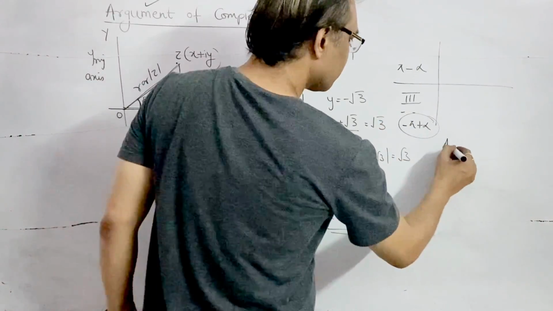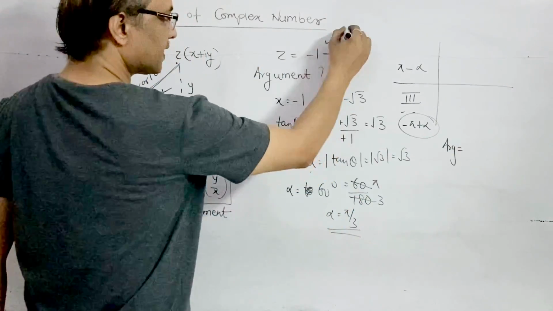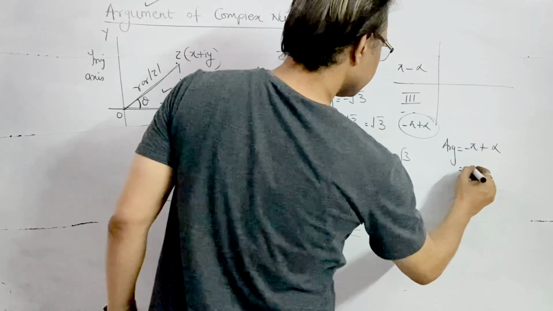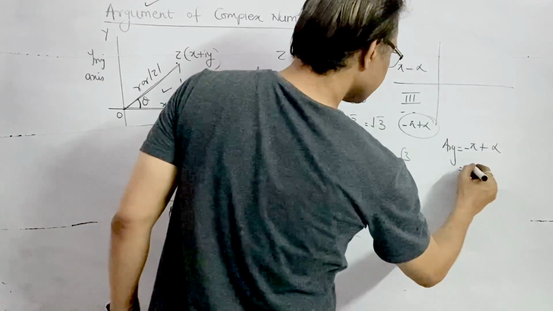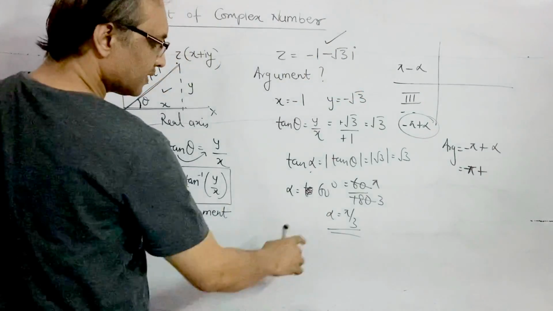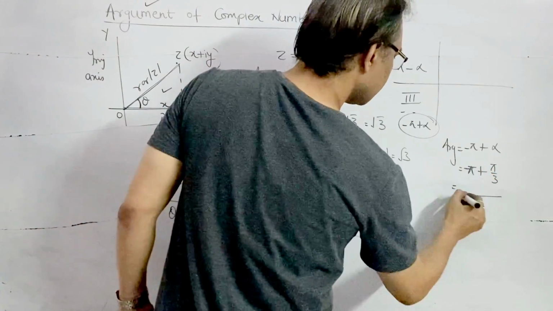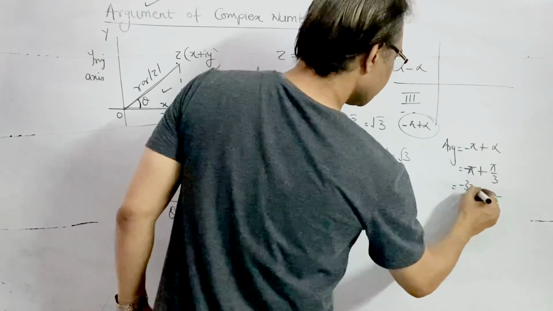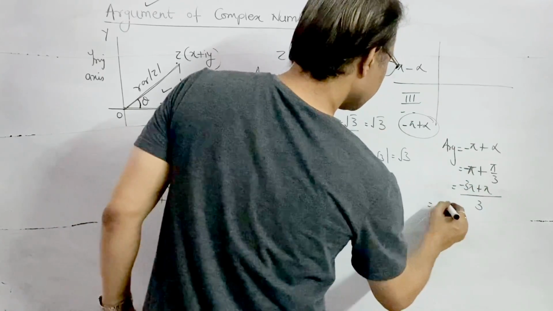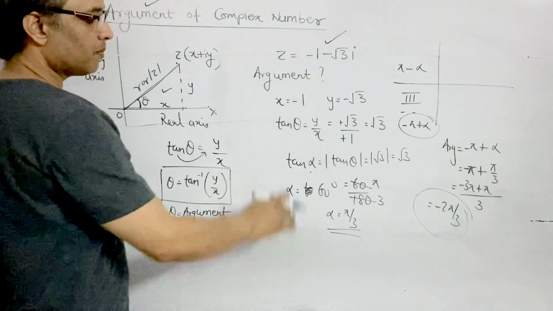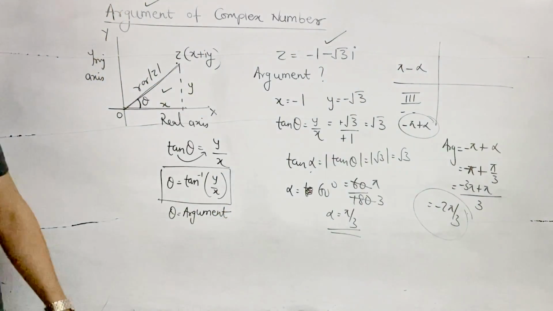So the value of argument of this complex number will be minus pi plus alpha. That is minus pi plus, in place of alpha, I will substitute pi by 3. Take 3 as LCM. This is minus 3 pi plus pi, that is minus 2 pi by 3. So the argument of this complex number is minus 2 pi by 3.